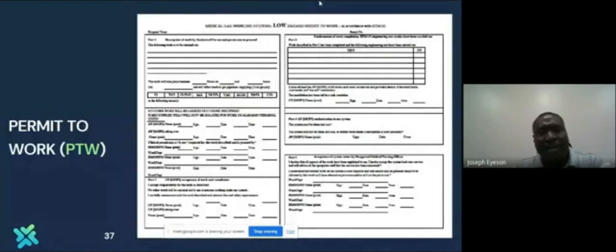When it comes to medical gases, there is something we call PTW, the permit to work system. The permit to work system is very important and critical, especially when it comes to existing pipelines. A permit to work could be for low hazard or high hazard.